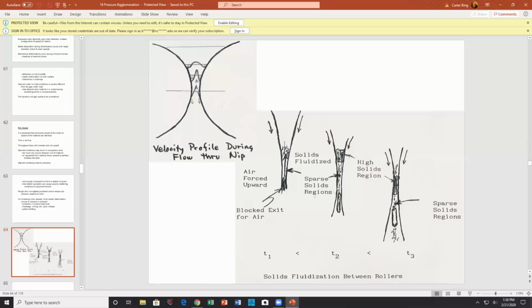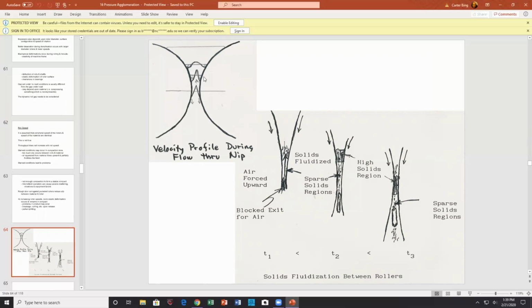Now the airstream may actually reverse direction and flow upward. Solids will continue downward. The airstream may actually start to fluidize the center portion of the powder, leaving potentially a void space. So you have partial fluidization of the solids, preventing the solids from being fed appropriately.